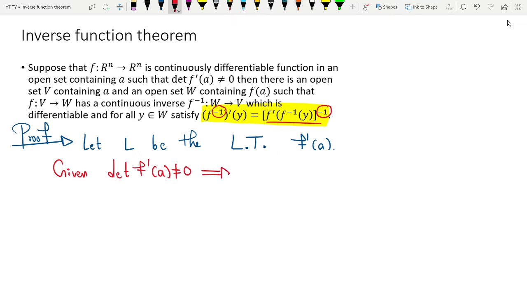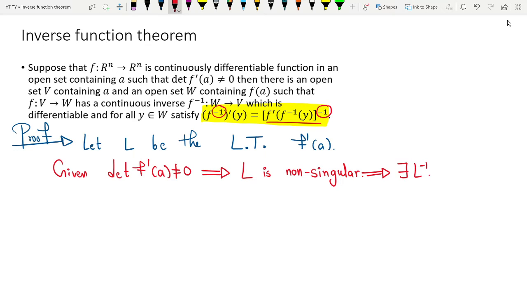This implies that capital L, the linear transformation, is non-singular. That means the inverse of this linear transformation does exist, right? So therefore L inverse exists.